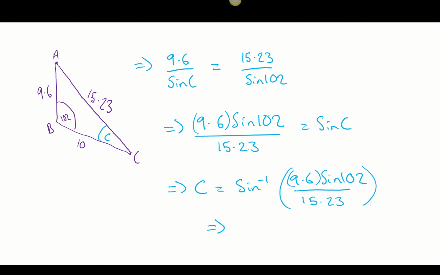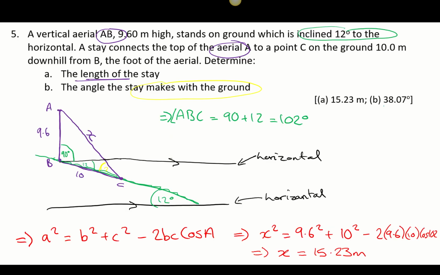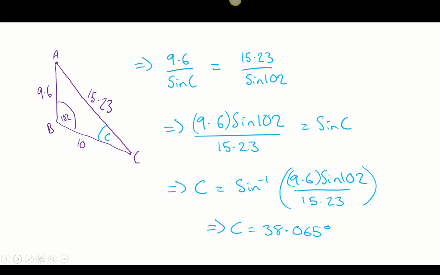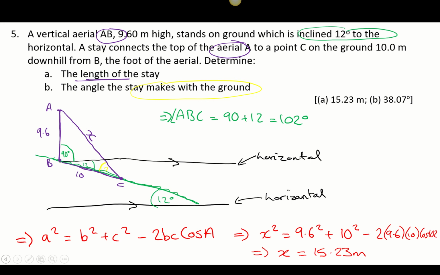When we type that into a calculator, making sure our calculator is in degree mode, we will get C equals 38.065 degrees, which rounds to 38.07 degrees. So that's a great example of a non-right angle triangle using the sine and cosine rules to solve it.